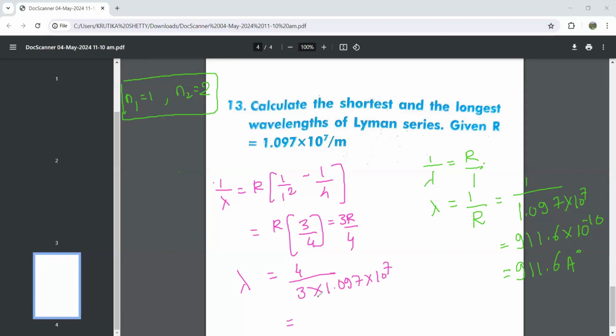If I simplify this, I get 1215 into 10 to the power of minus 10, or 1215 angstrom. Has anybody got the answer? It is 1215, check it once again. Other students, what is the answer?